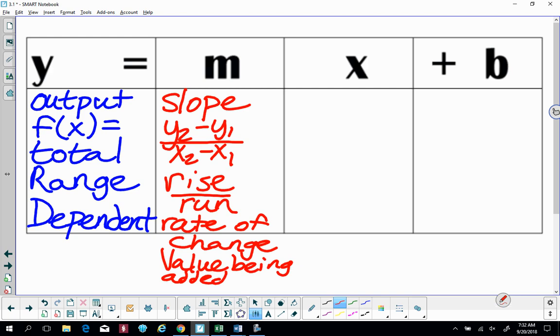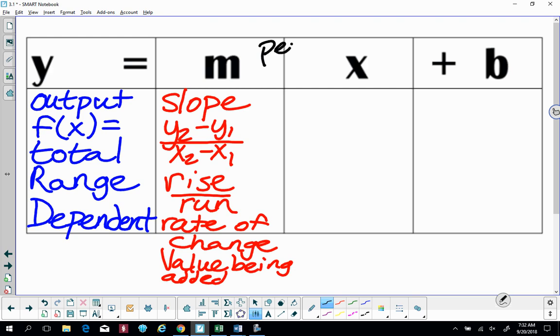Okay. And then the last thing we'll see representing this, I'm going to write a couple words, and it's per, each, and every.